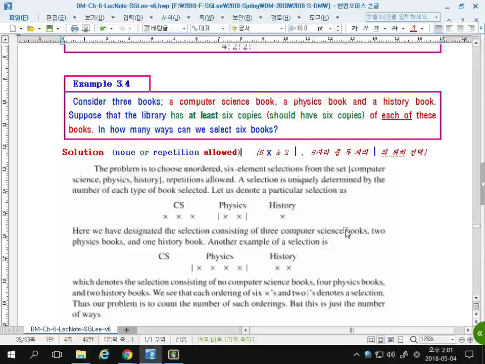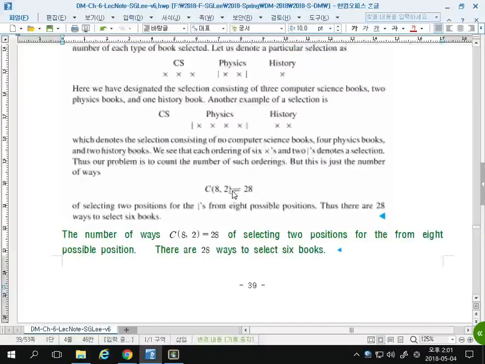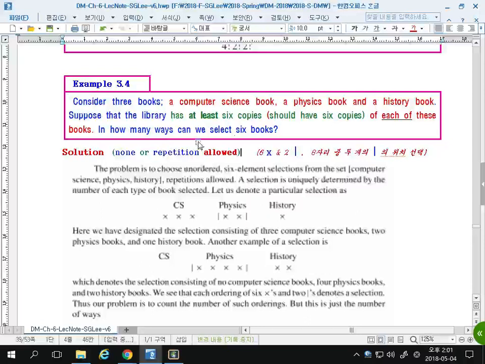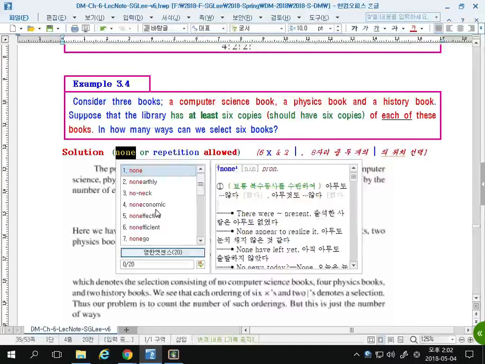What's the idea? The important thing is we can have all 6 computer science books and no other books. That's one way. We can have 3 computer science books and 3 physics books and no history book.